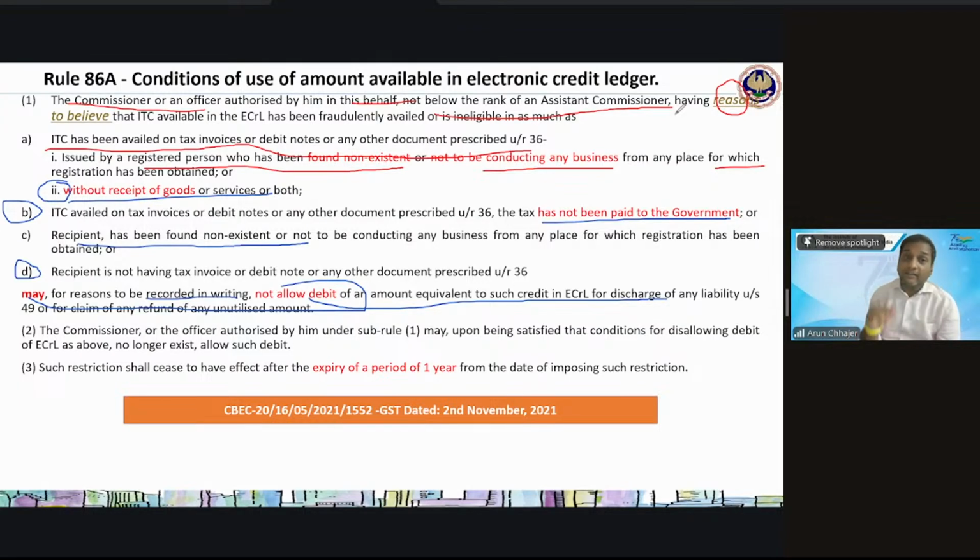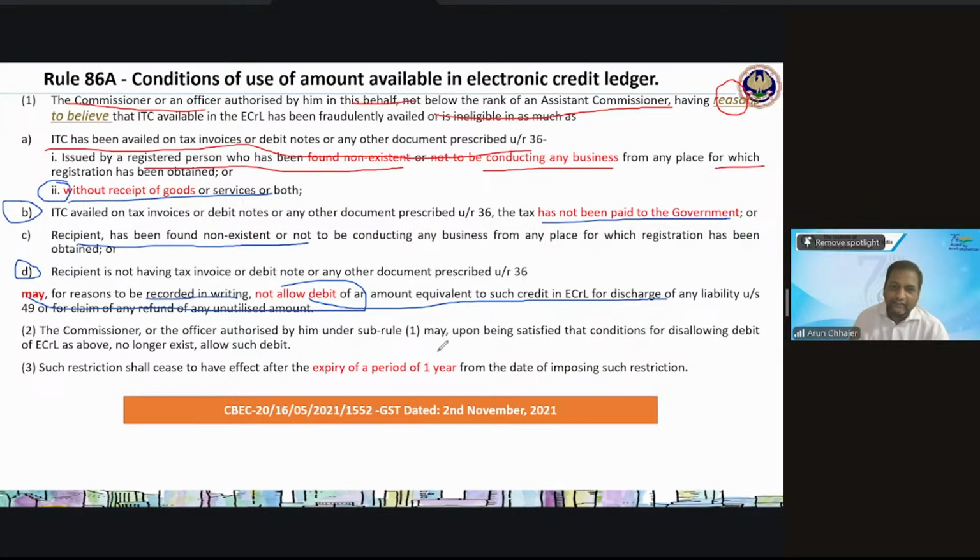It will be the decrease in the credit ledger. See, amount lying in the credit ledger, government will disallow the debit. It means not allow the debit, meaning I cannot use this amount for my payment or discharge of the tax liability. Debit means I cannot decrease the balance. I cannot use the balance of the credit ledger.